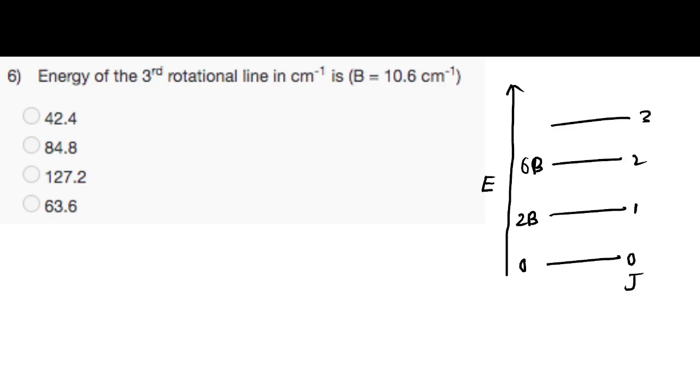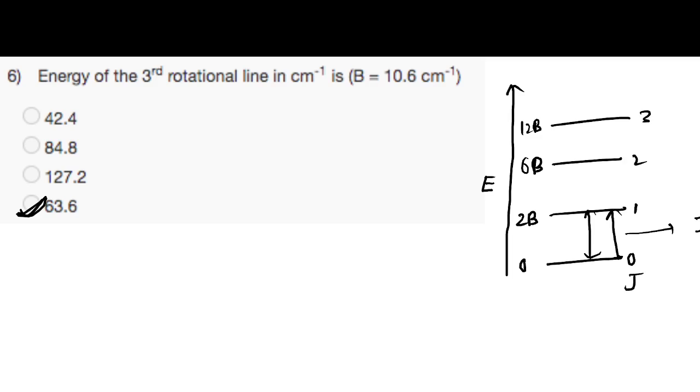This gap will increase; the drawing is not that correct because this gap should increase. So the transition from J equal to 0 to J equal to 1, that is ground state to first excited state, will correspond to 63.6. Sir, what is that? 63.6. Yeah, answer is correct. But for others, I will explain.